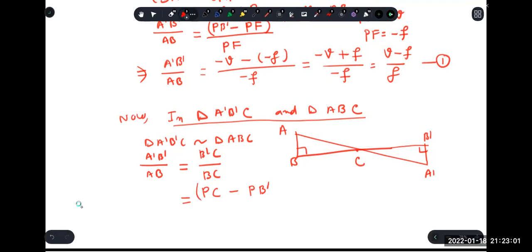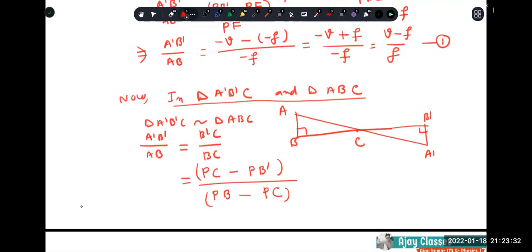By taking the difference of the two, we can write B'C. And how to decide the value of BC? B is the point of the object and is measured from the pole. So pole to B minus pole to C. Pole to the object point PB minus pole to center of curvature of the mirror will give the value of BC.